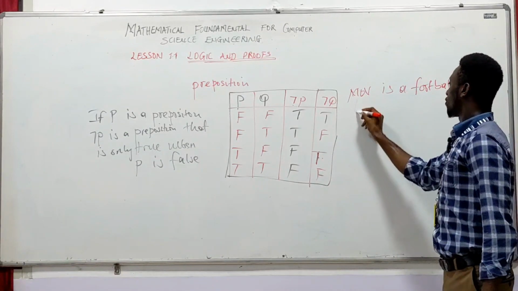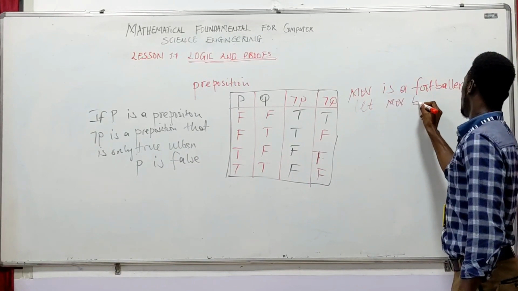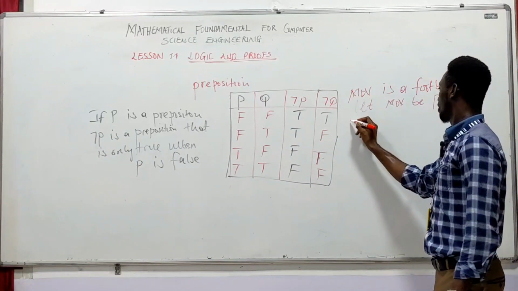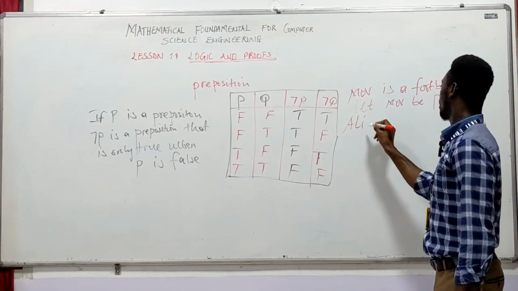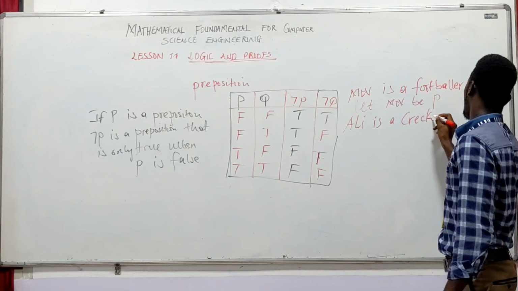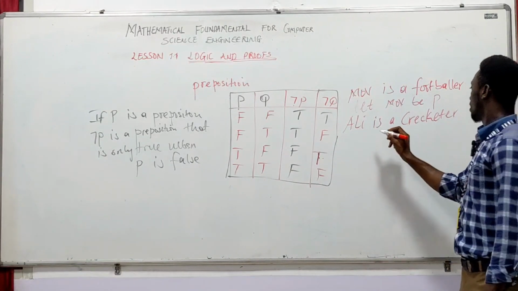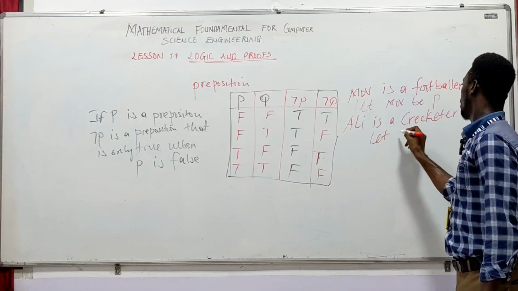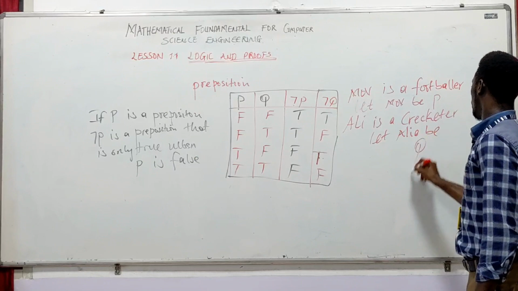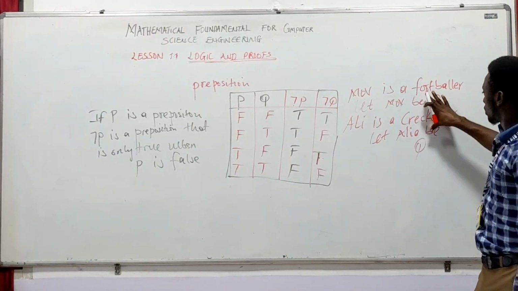So we let Mob be P. And Ali is a cricketer. So now let Ali be Q. Now construct a truth table.